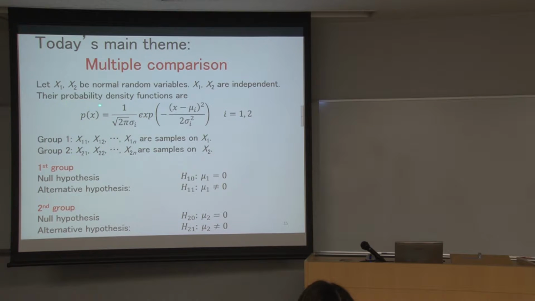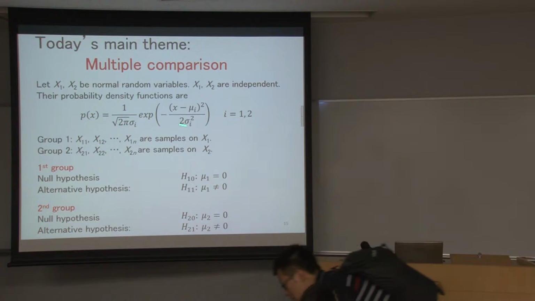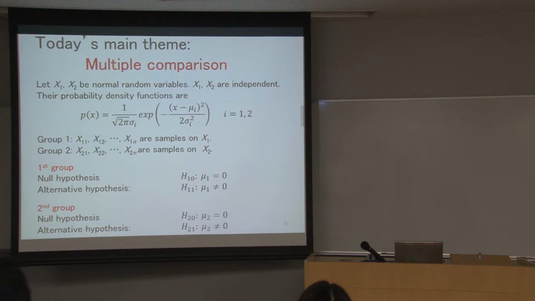Their probability density functions are given by this equation. The x11, x12, and x1n are samples on x1, and these are samples on x2. And we apply a t-test to each group, group 1 and group 2.